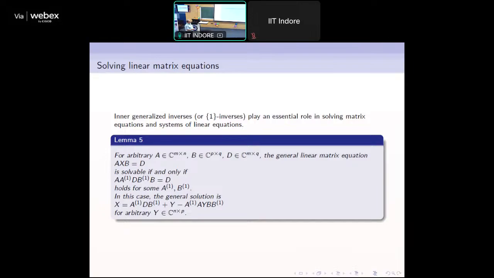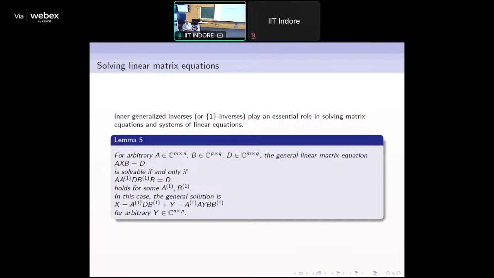the problem is solved using the inner inverse. The main result says that such a linear matrix equation AXB equals D is solvable if and only if such a condition is satisfied for arbitrary inner inverses of A and B. Which inner inverse is most appropriate?